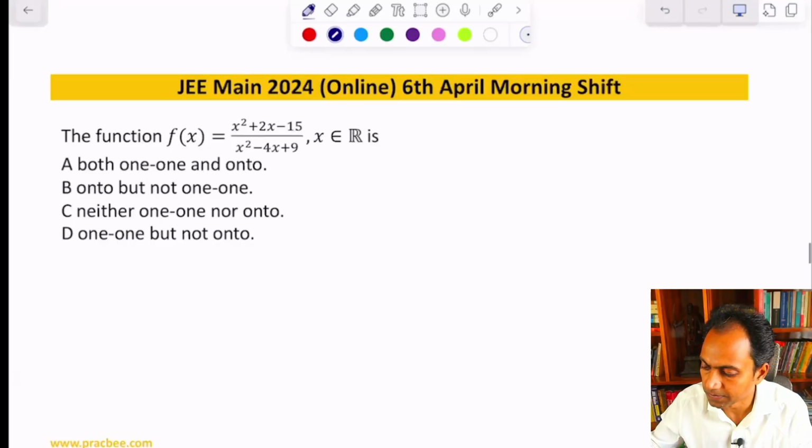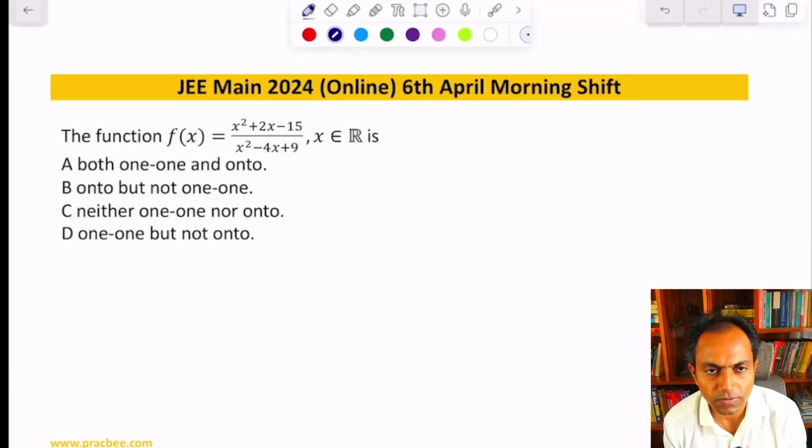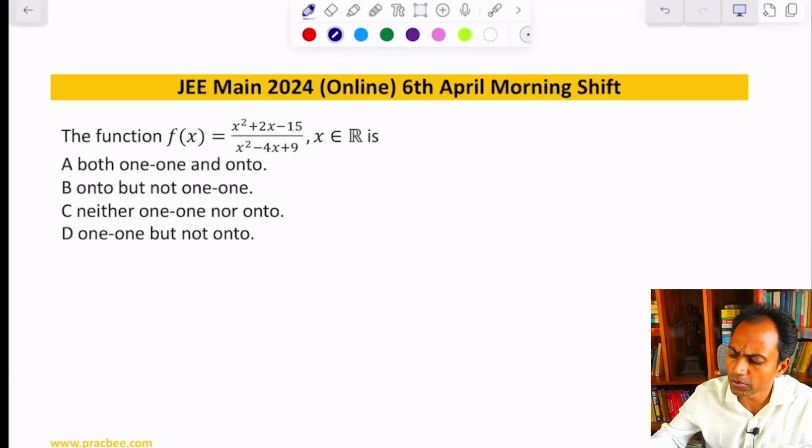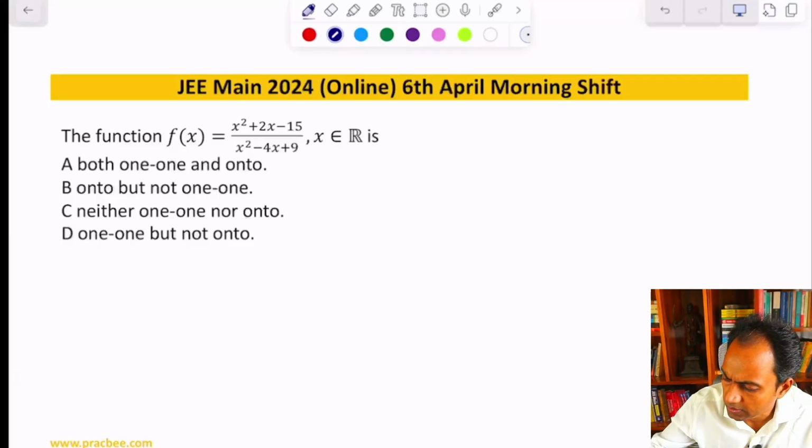Now let us see this 2024 question that is given to us. As step 1, we first figure out the domain. They have already given the domain, so the pain is less in terms of solving. What we will directly do is differentiate this function. If I differentiate, the numerator differentiation becomes 2x plus 2.